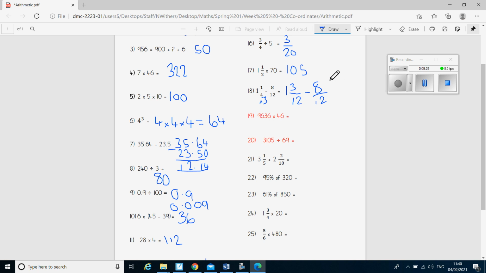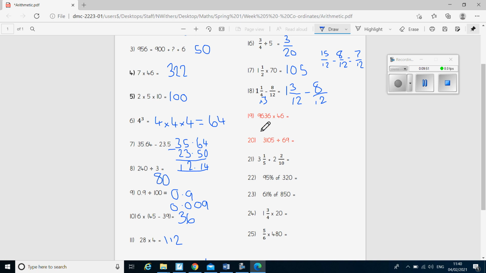So writing this question out again, I can have 15/12 take away 8/12. Right, now it's much easier for me to do. 15/12 take away 8/12 is going to be 7/12 for my answer.